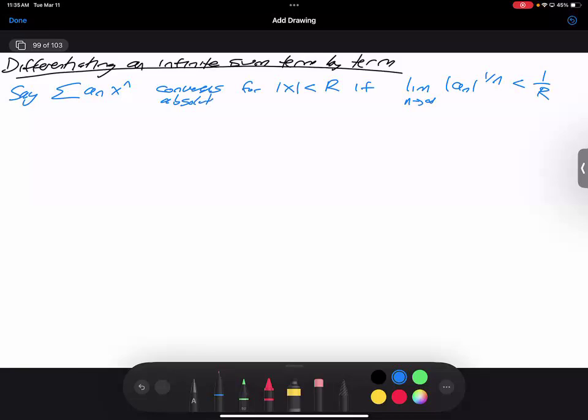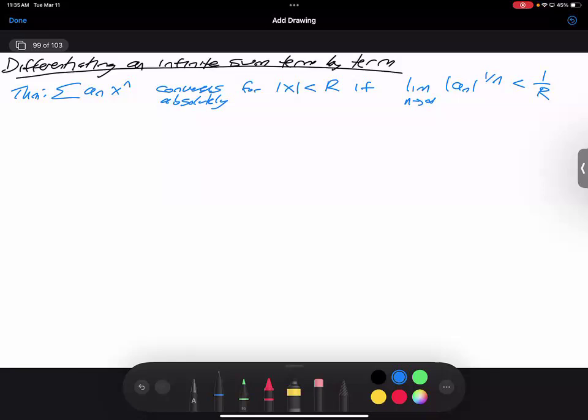I'll say it converges absolutely. And I guess this is like a theorem. So this is the root test.